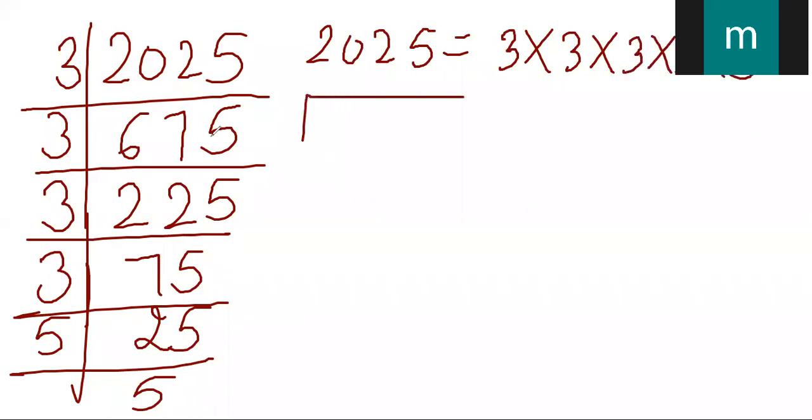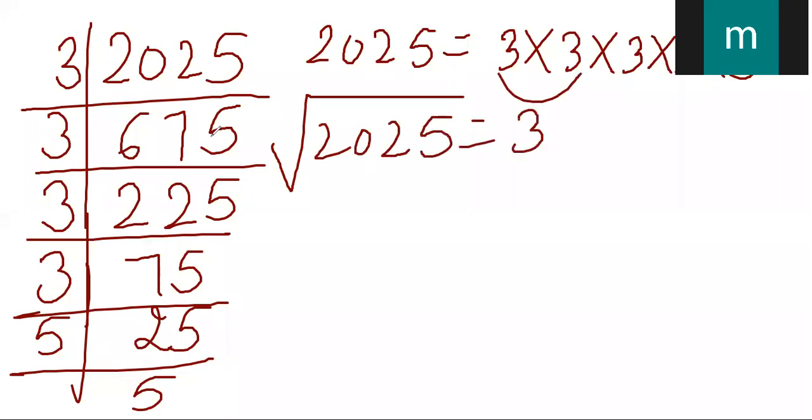Now we will find out square root of 2025. कैसे square root find out करेंगे? 3 into 3 into 5. One more 5 is here, sorry. Right?